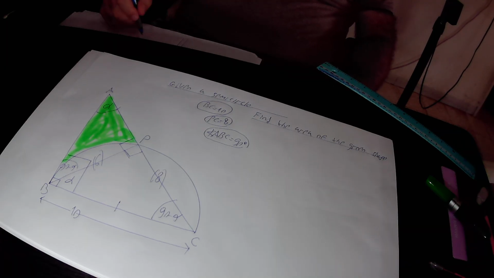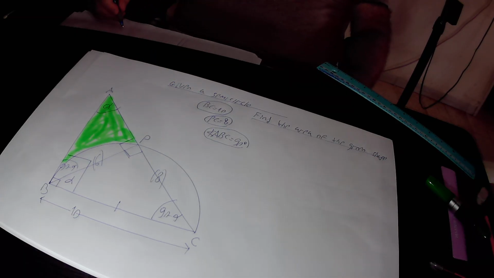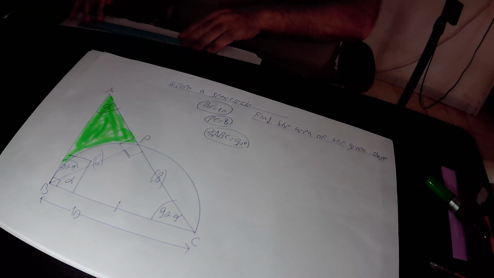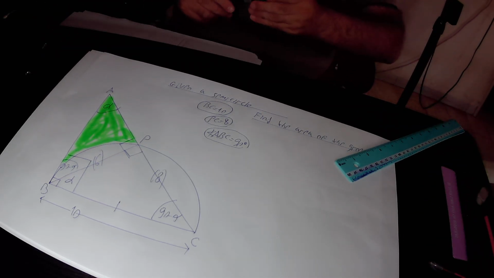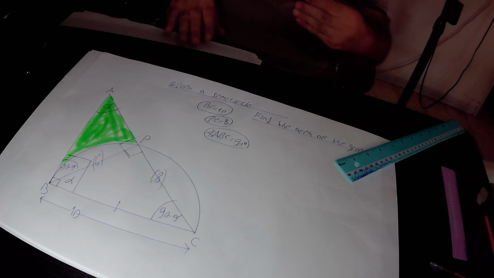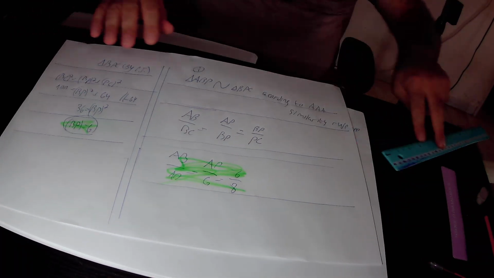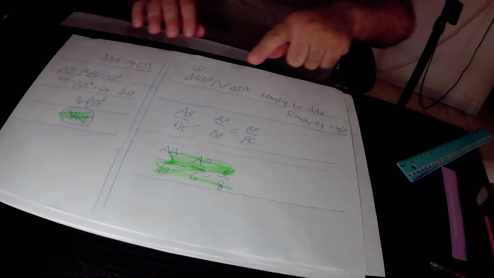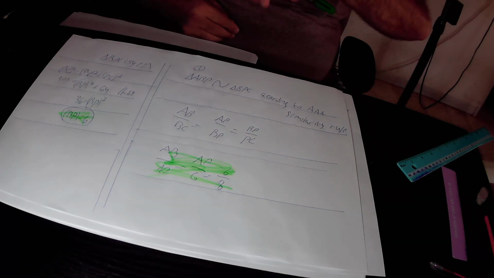Again, BP equals 6 units in its length, over PC, PC equals 8 units in its length, according to what is given in the question. So in total, we found out that AB over 10 equals AP over 6 equals 6/8.